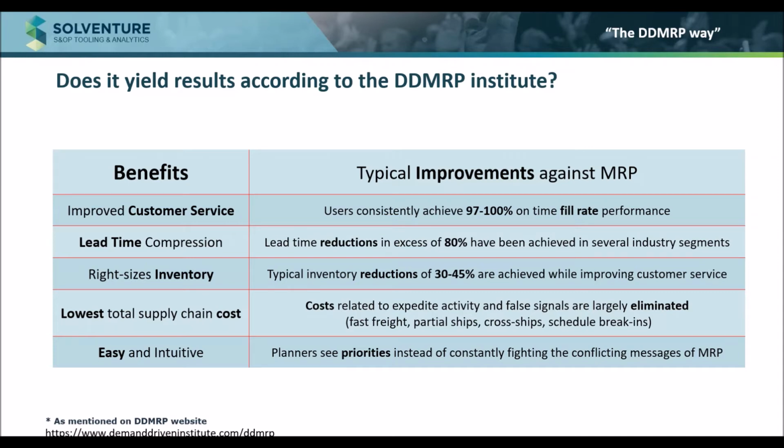At the same time, you have lead time compression. While for many complex industries you sometimes have lead times up to months, with the right buffers there's definitely a compression possible of that lead time.